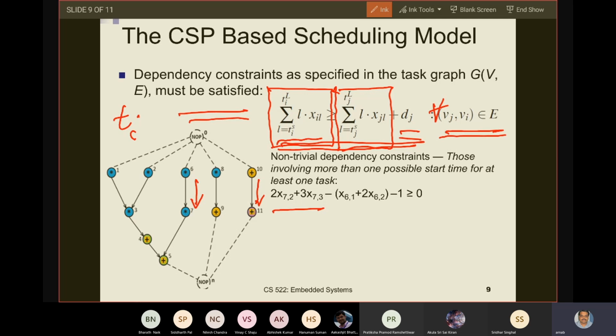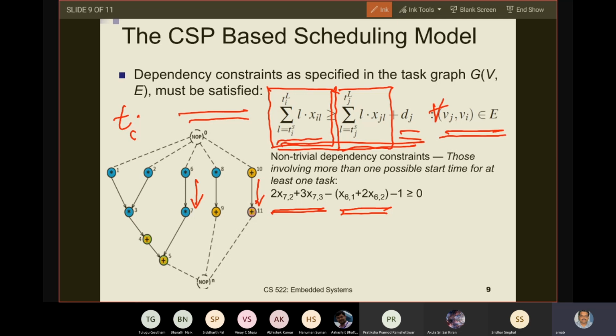Are you with me? Have you understood how 2 into x72 plus 3 into x73 actually represents the box on the left of the greater than or equal to sign? If you have understood that, see what we have done: we have taken the RHS and brought it to the LHS in the example. For task number 6, it can start earliest in time step 1 and latest in time step 2.